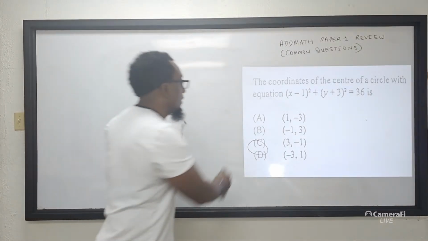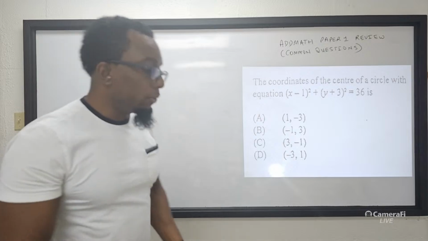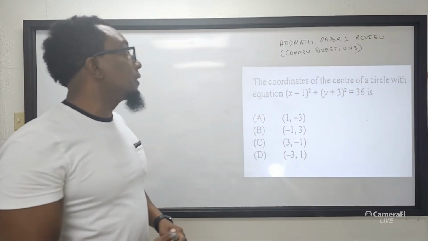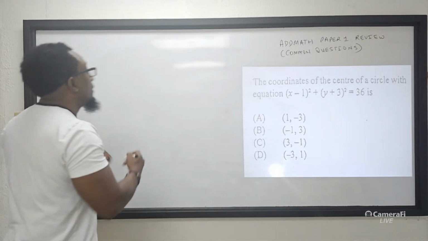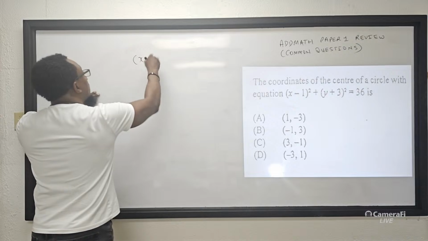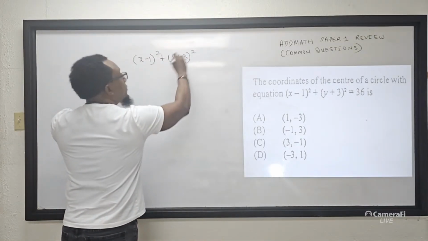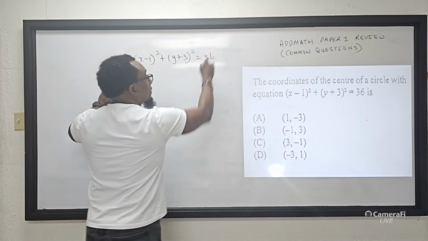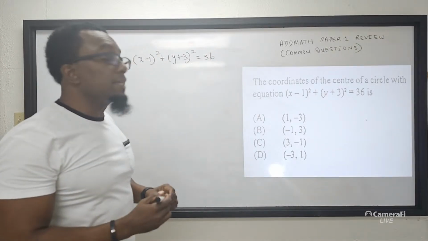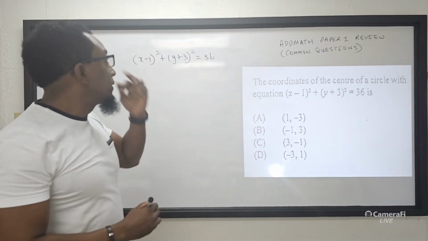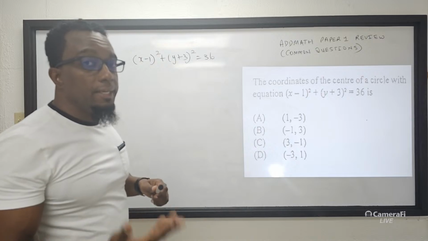So they want us to, what are the coordinates of the center of a circle given that equation? The equation of the circle is (x subtract 1) squared plus (y plus 3) squared is equal to 36. They want the coordinates of the center, which is represented normally by h and k.